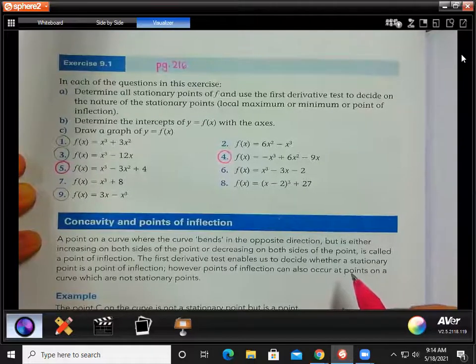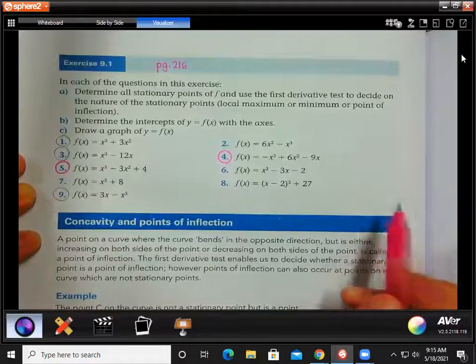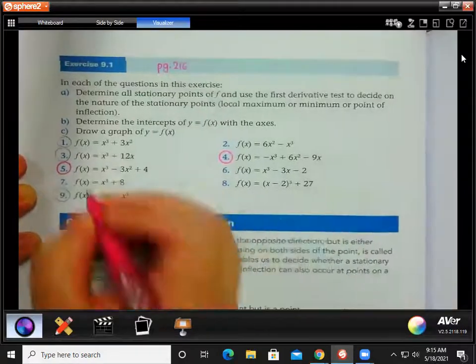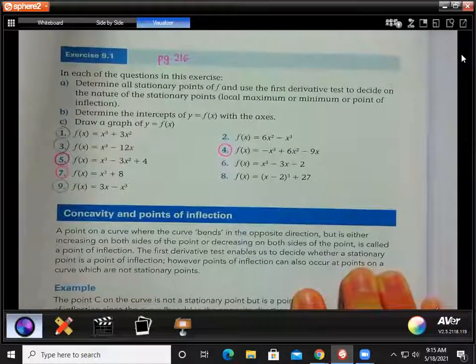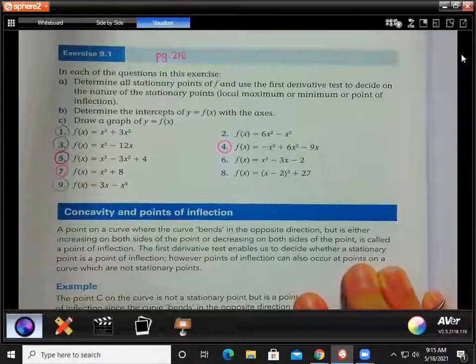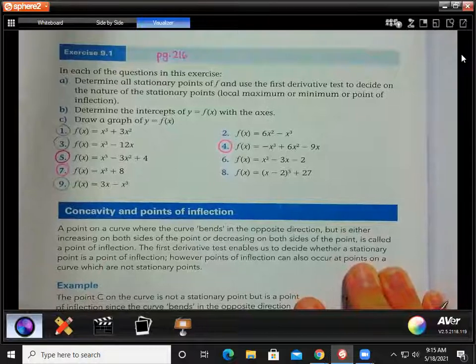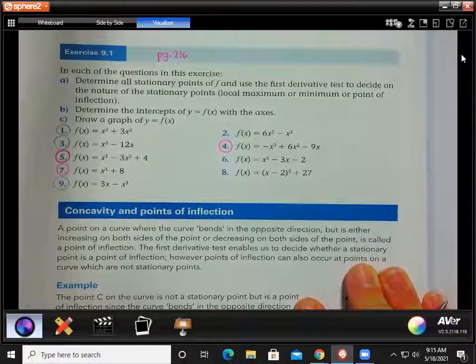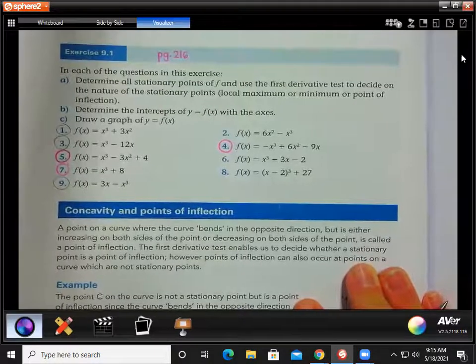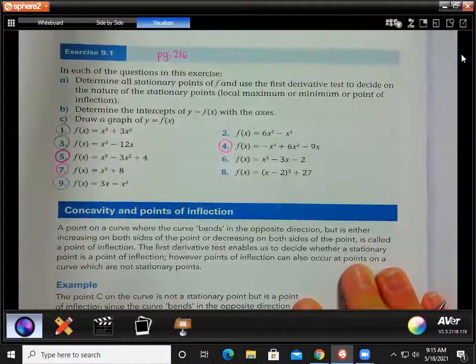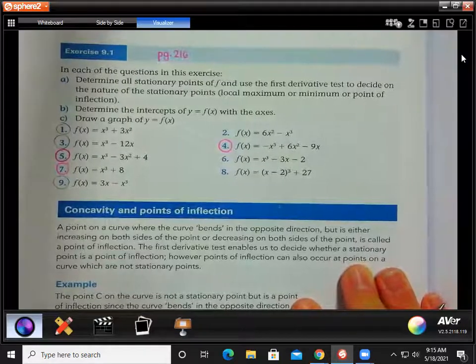And then number 7. Okay, 4, 5, and 7. After this, we're going to talk about concavity and points of inflection in great detail. I just want to put together some comprehensive notes on that before we jump in. Okay, get going.